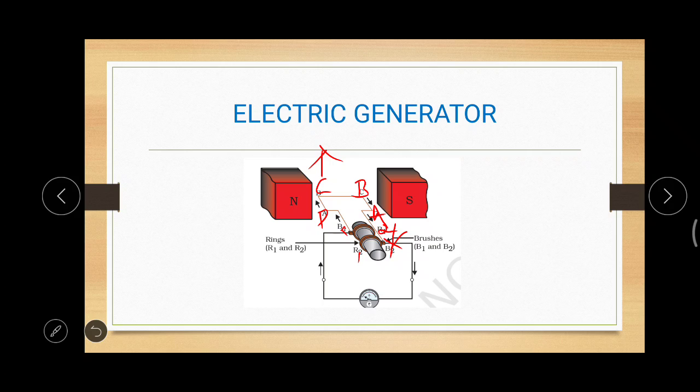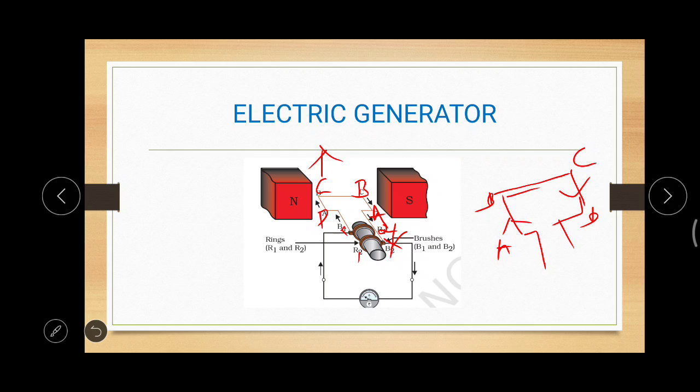Again, here in the case of the CD, the current will be from D to C. Earlier, if you are drawing that diagram, this was A, this was B, this C, and this D. In the earlier case, when the rotation initiated, the coil was like this, and the current was A to B and C to D.